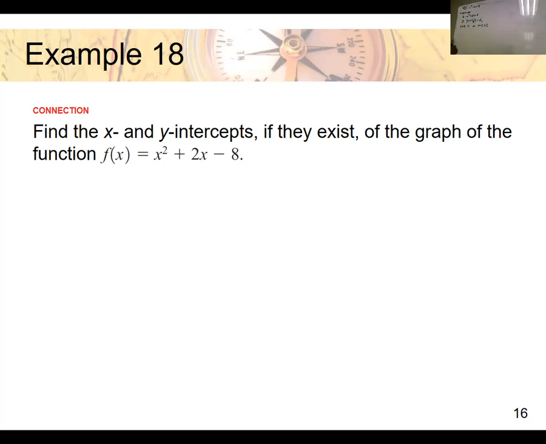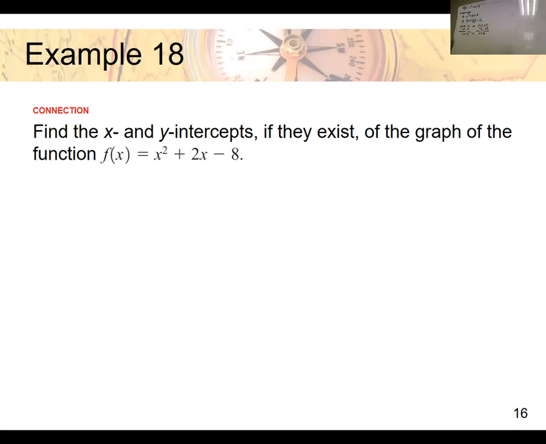For x plus 4 equals 0, that would mean x is equal to -4. Or for x minus 2 equals 0, if I add 2, that means x is equal to 2. So these are my two x-intercepts for this equation: x equals -4 and x equals 2.